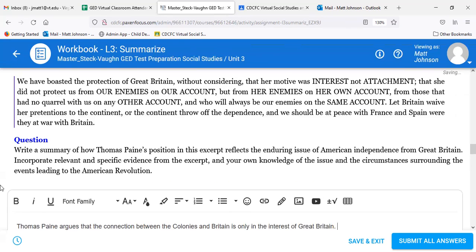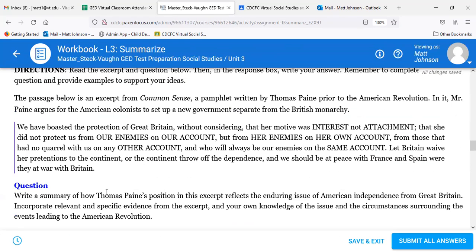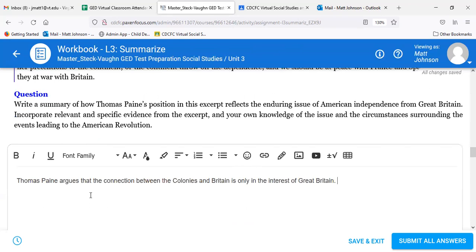That's really what he starts with, right? That her motive was interest, not attachment. That she did not protect us from our enemies on our account, but from her enemies on her account. So he's arguing that the connection between the colonies and Britain is only in the interest of Great Britain.